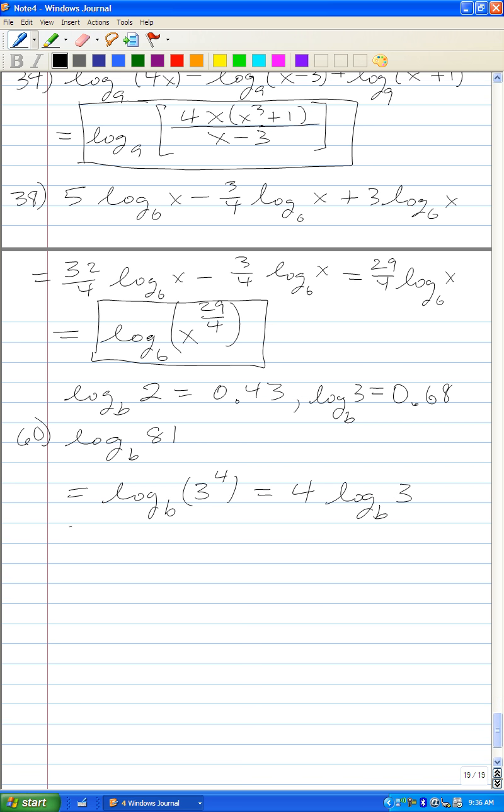But again, we're assuming that log base b of 3 is 0.68. And so this should equal 2.72. Okay, and so let me do problem number 62.